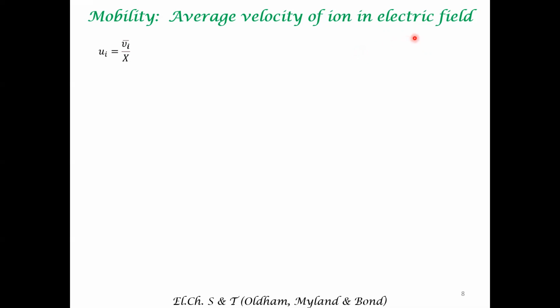So the electric field will tend to accelerate the ion, therefore you may think that the velocity is going to keep increasing. The velocity will continue to increase because of the electric field, which is not true, because when the ion moves in a viscous medium, the solvent present in the medium will offer resistance, and that will retard the motion of the ion.